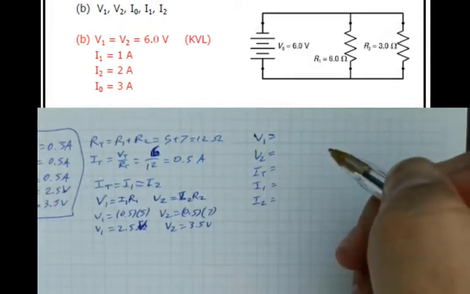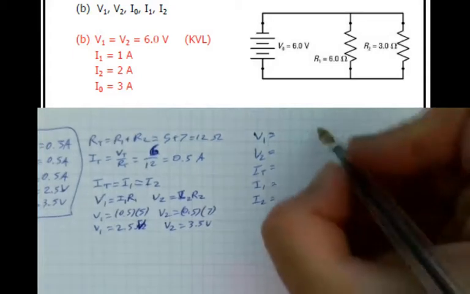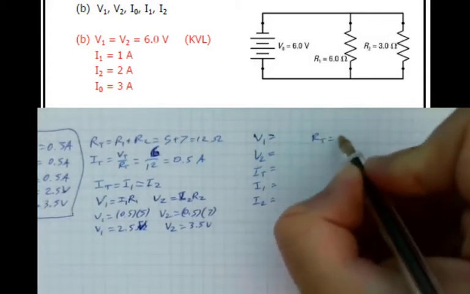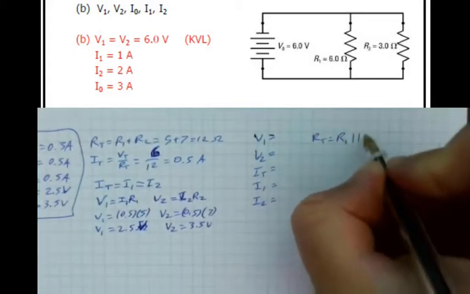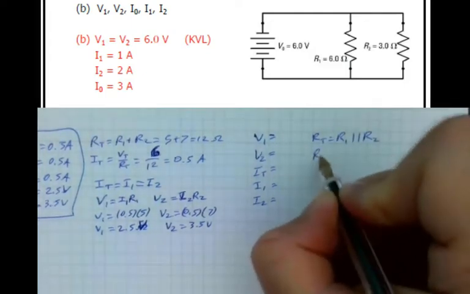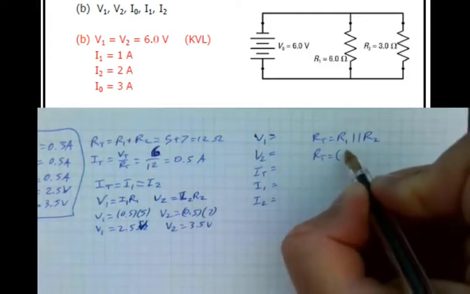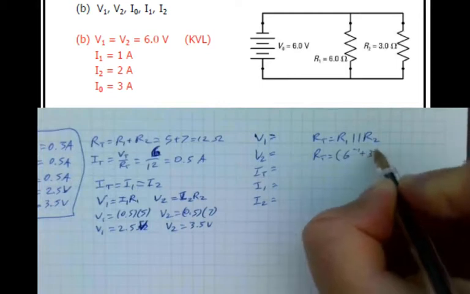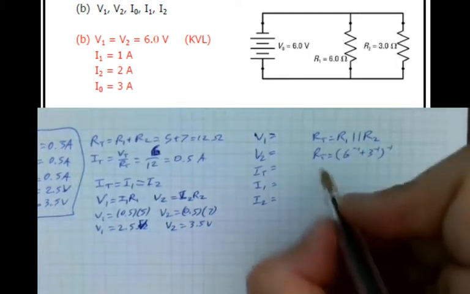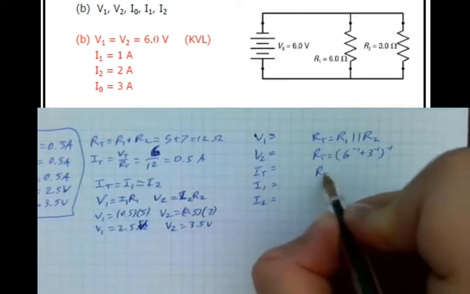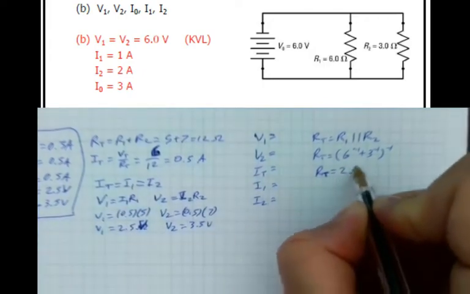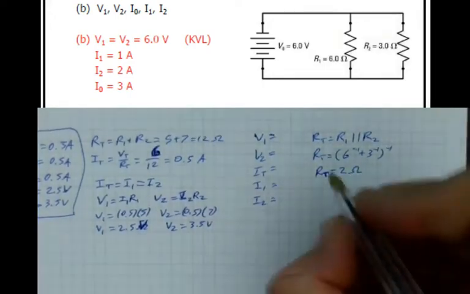So here, to start with, we need to find our RT, which is R1 parallel added to R2. So RT equals 6 to the negative 1 plus 3 to the negative 1, all to the negative 1. That is going to equal 2 ohms. I'll let you do that on your own.